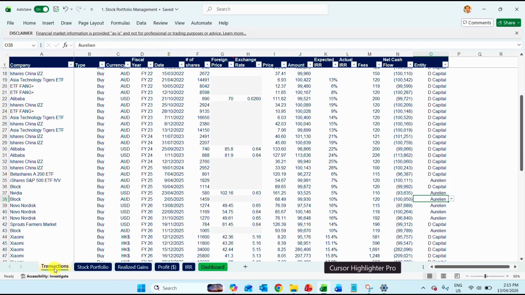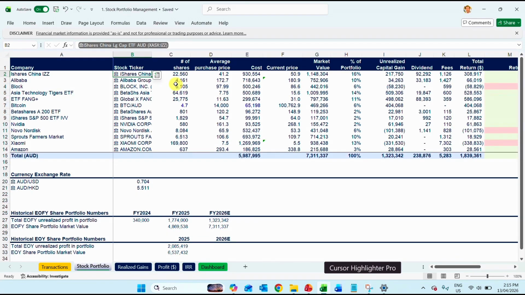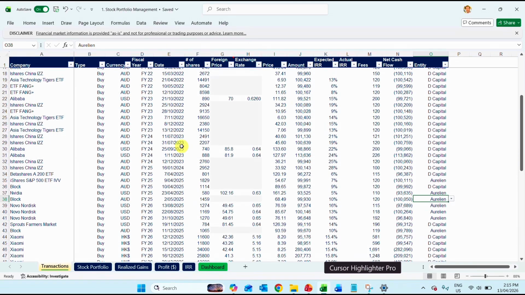Okay, you can see the formula. We use a sum-ifs formula that will add here all of the shares that have been bought here. Okay.